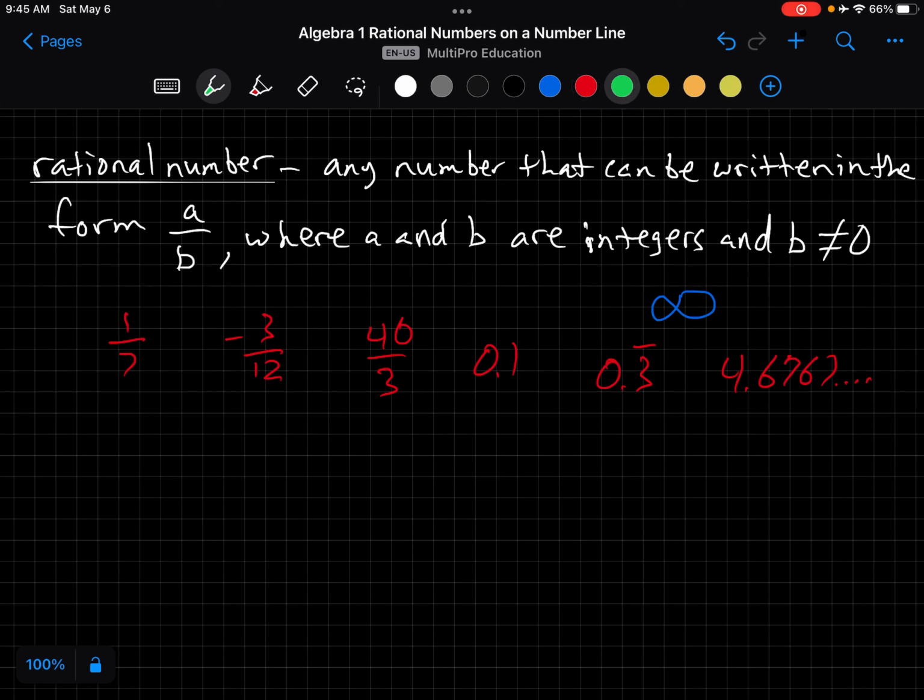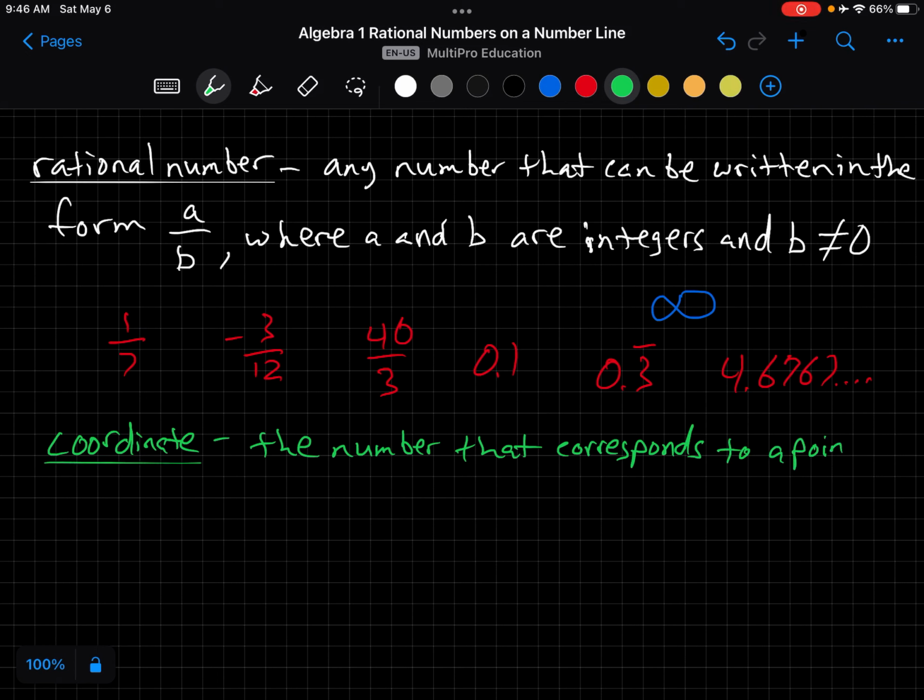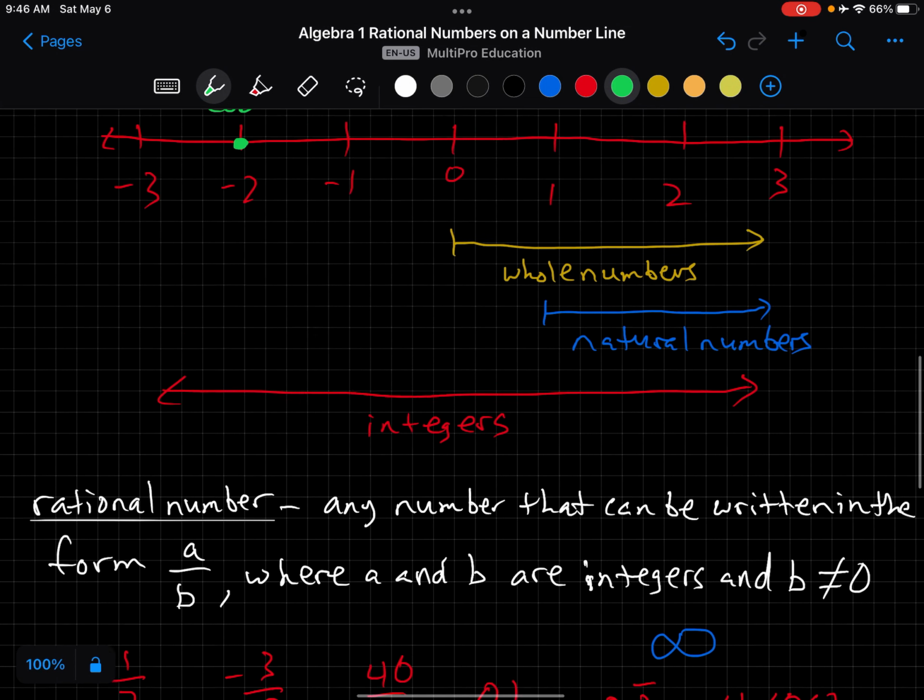Okay? All right. Let's look at another definition here, coordinate. So this is the number that corresponds to a point on a number line.